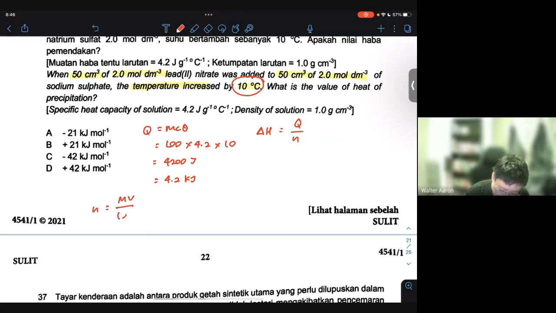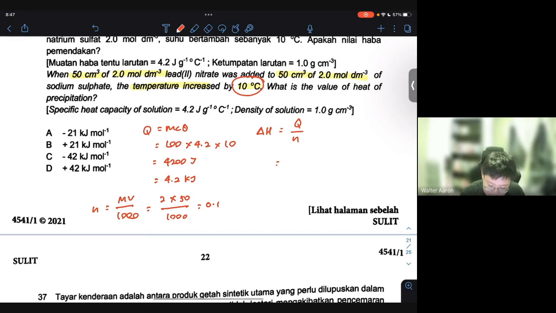So n is MV over 1,000, and that will be 2 times 50 divided by 1,000. So that would be supposedly 0.1, but I don't trust myself, so I'm just going to use the calculator right now. You have to be more careful. So 100 divided by 1,000 will be 0.1, correct?